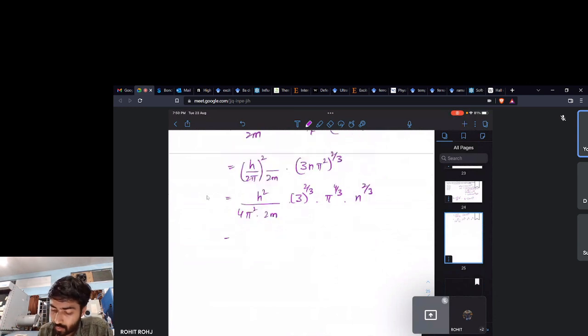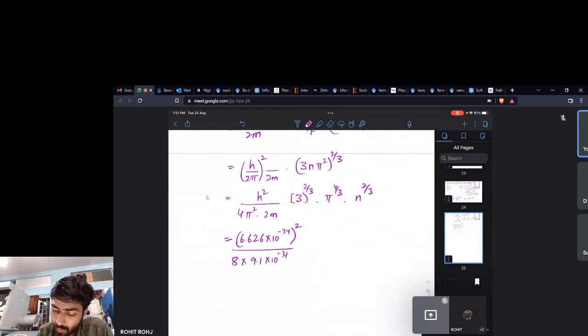So h, Planck's constant in SI terms, is 6.626 into 10 to the power minus 34, squared, divided by 4 into 8 times the mass of electron, which gives me 9.1 into 10 to the power minus 31.